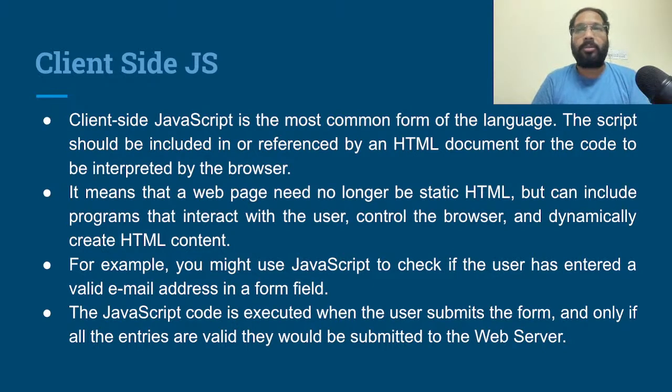If we talk about the second point, it says it means that a web page need no longer be static HTML, but can include programs that interact with the user, control the browser, and dynamically create HTML content. So what does it mean? If you use JavaScript with your HTML code, HTML is kind of static.